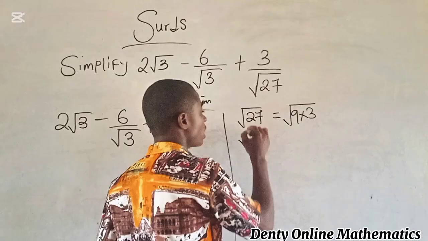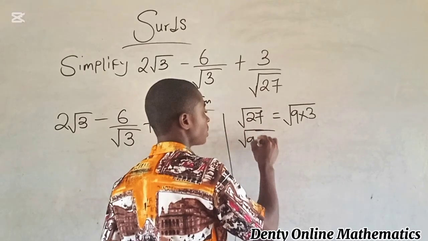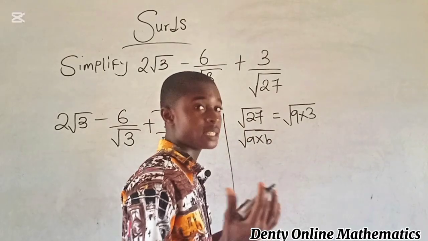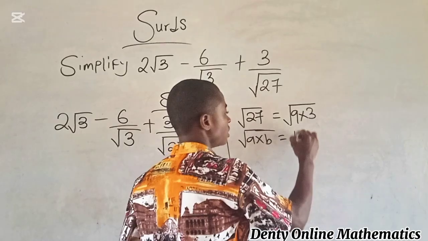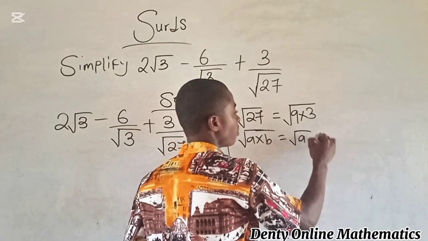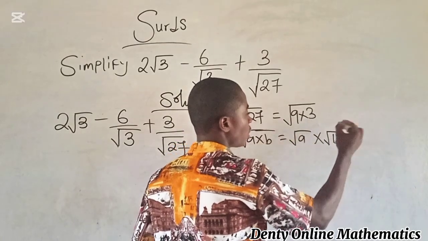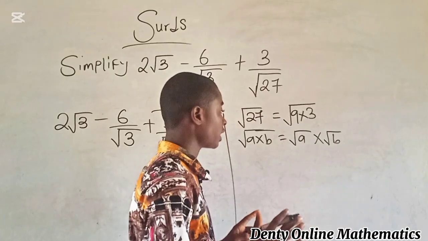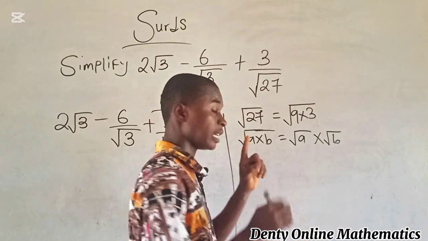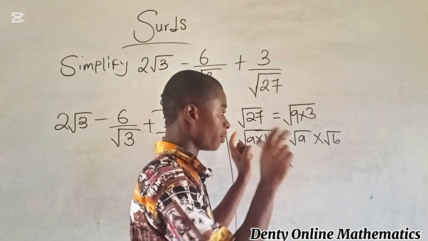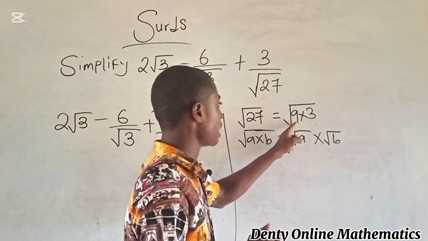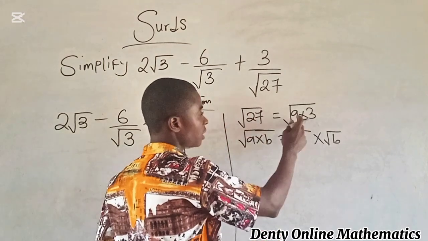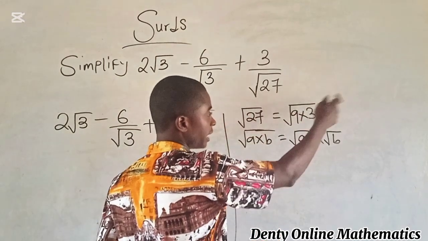If you have the square root of a multiplied by b, this is the same thing as the square root of a multiplied by the square root of b. Take note, when you have two things multiplying in one square root, you can split them aside. So that's what I did here. So the square root of 27 is the same thing as the square root of 9 times 3.